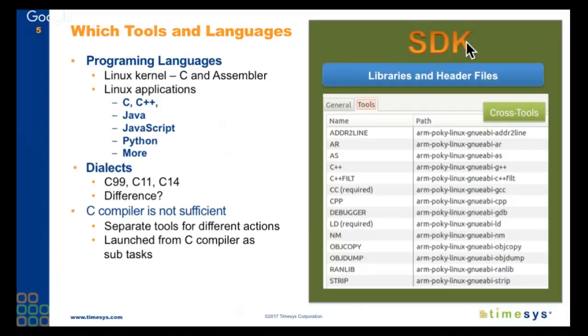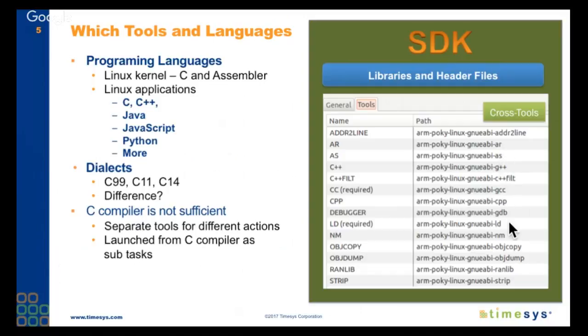So the SDK, the software development kit, provides us with libraries and header files, which are the APIs that we can leverage to develop our software. But the cross toolchain that's also part of the SDK provides the different tools that I mentioned earlier in the slide. So we not only have a C compiler, we also have a C++ compiler. We have an archiver to create a static library. We have an assembler.